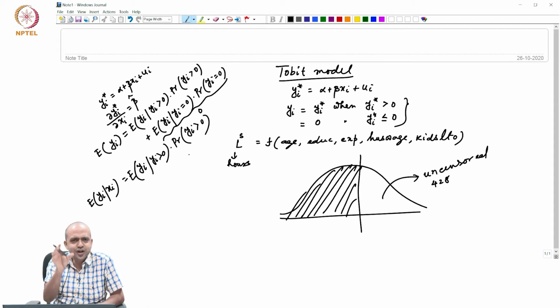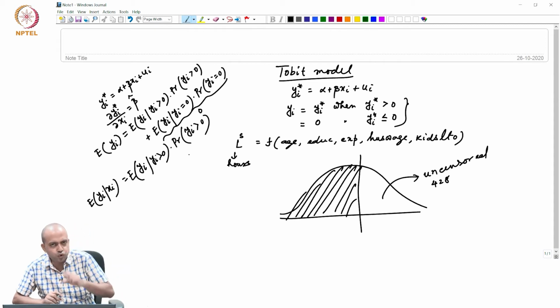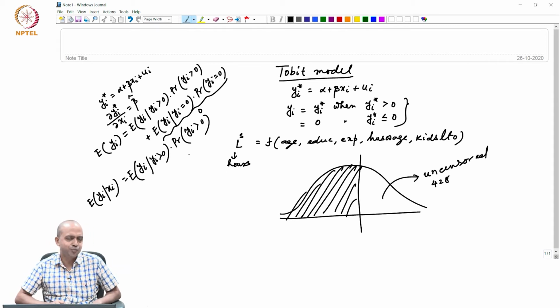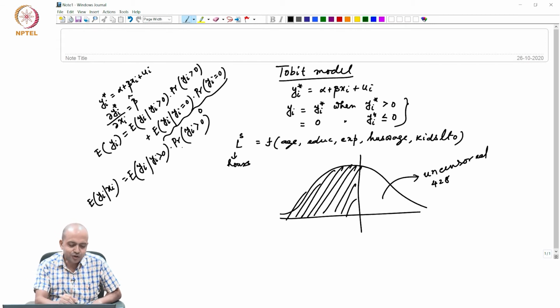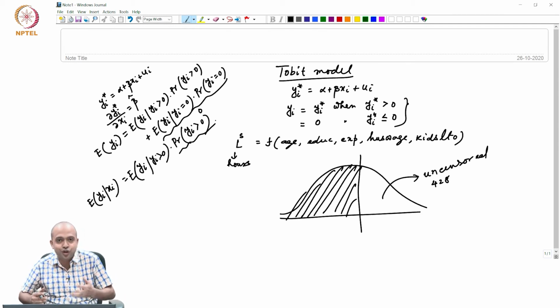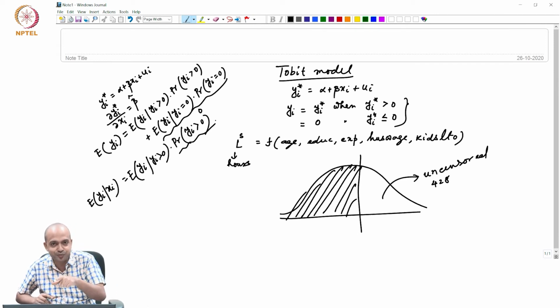That means we cannot directly take those coefficients as marginal effects, because the probability that yi is greater than 0 should also be there. First of all, the married women should participate in the labor market, and only then can we observe their labor supply.